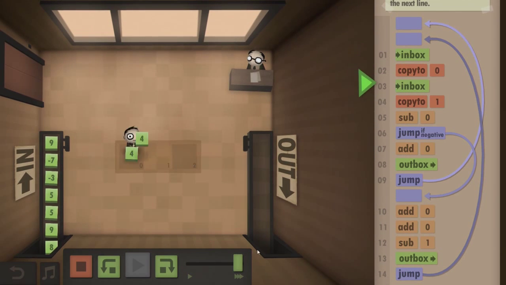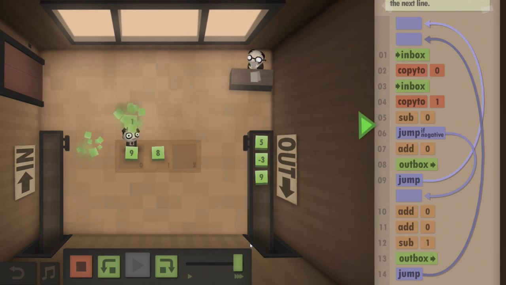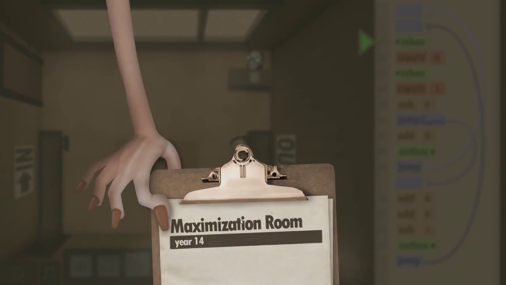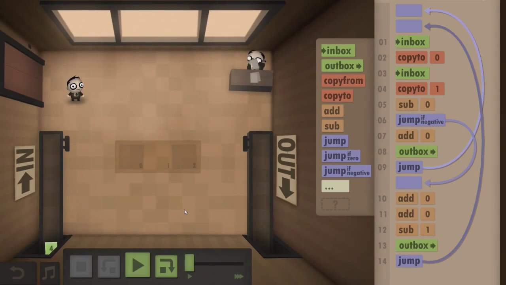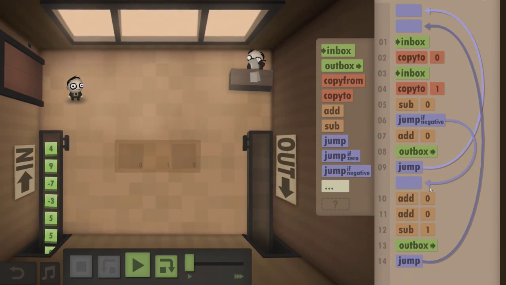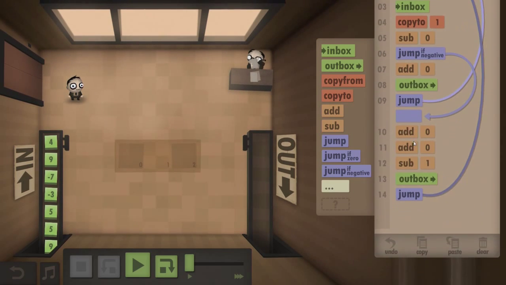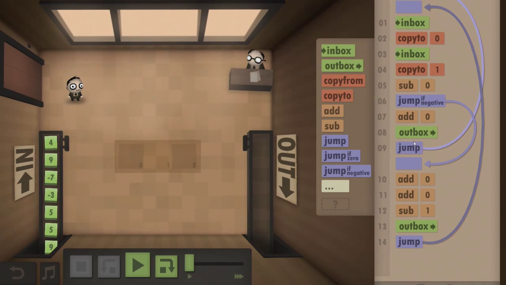Let's just run that again. Right, it's right. Yeah, it's correct. It is not efficient.